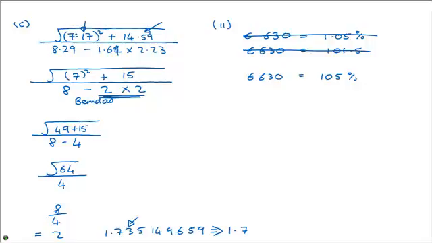So you're going to divide by 105 both sides. That gives you 1%, and you're going to multiply by 100 both sides. So effectively, really what you're doing is you just divide 630 by 1.05.